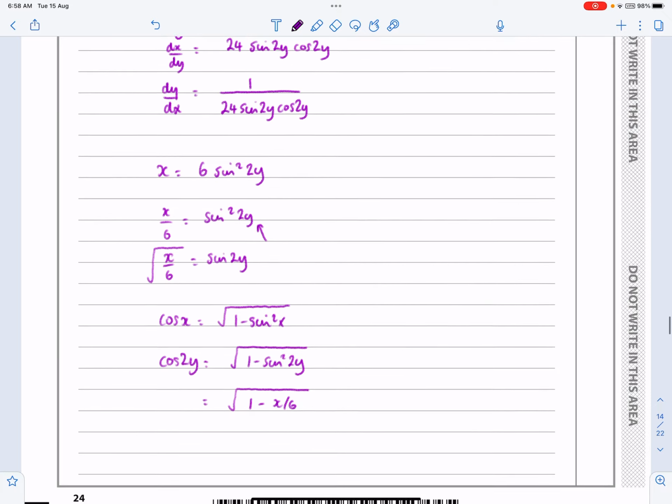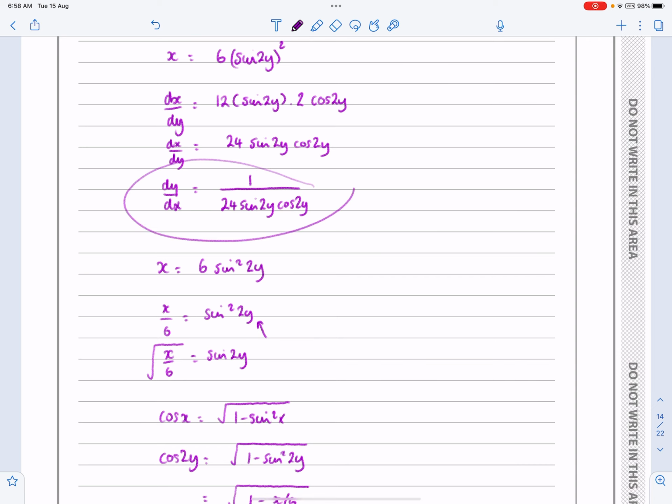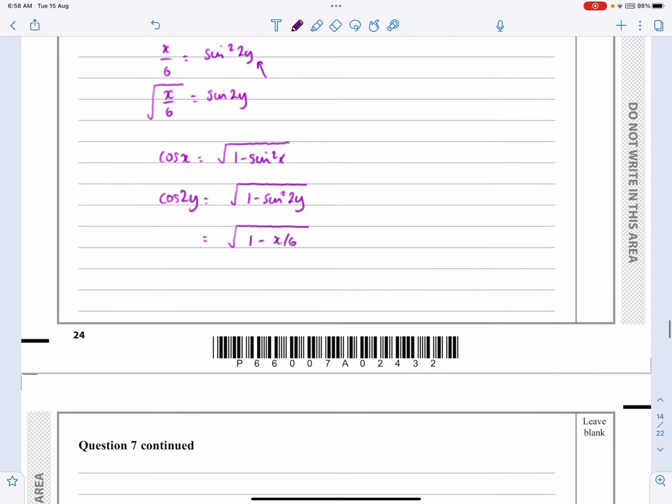So now, if I want to put this all together here, dy by dx is going to be equal to 1 over 24, the sine 2y, which is root of x over 6, and the cos 2y, which is root of 1 minus x over 6.